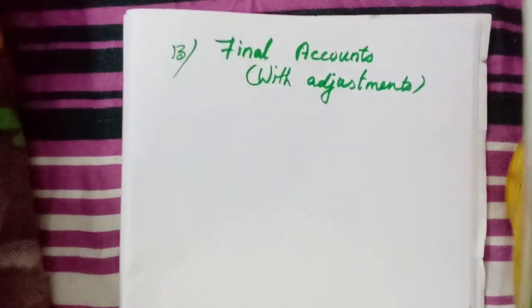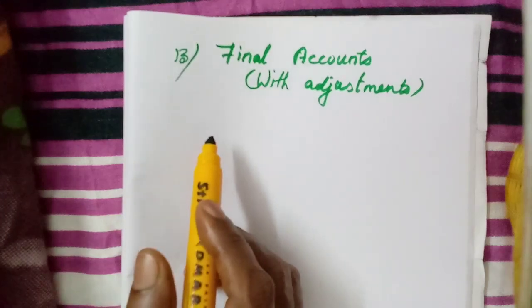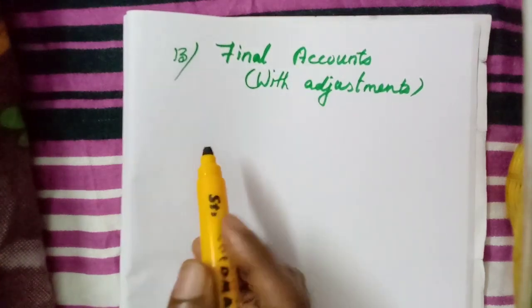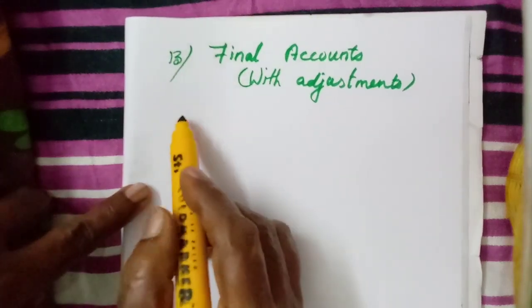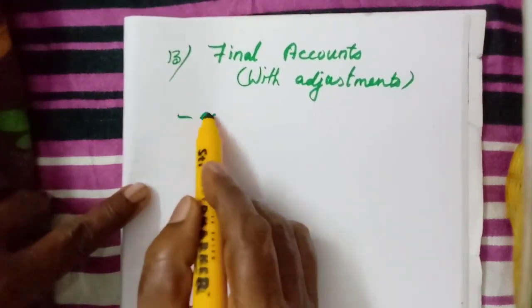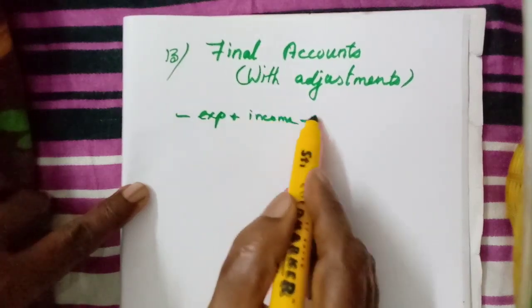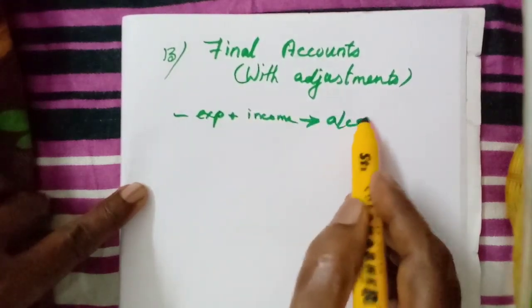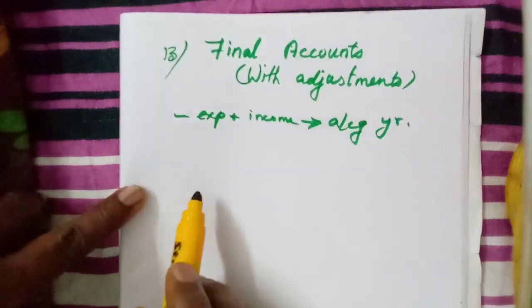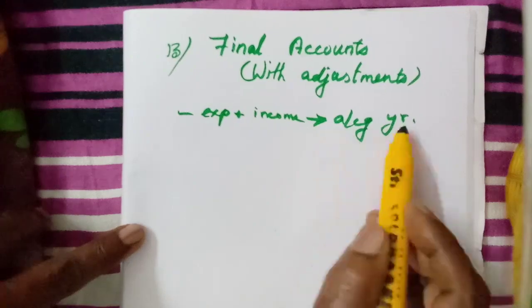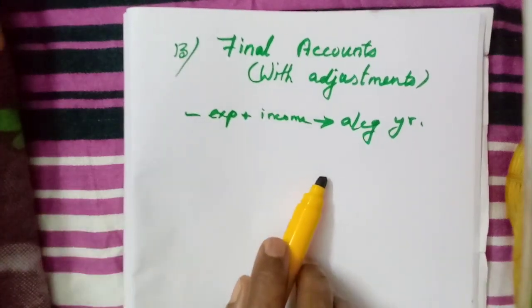So those expenses must be adjusted. We have to enter all the expenses and income that is related to that particular accounting period, accounting year. All the expenses and all the income related to that accounting year must be entered.